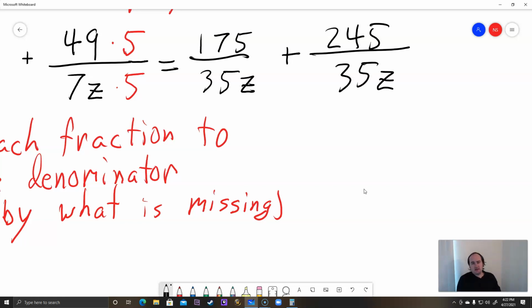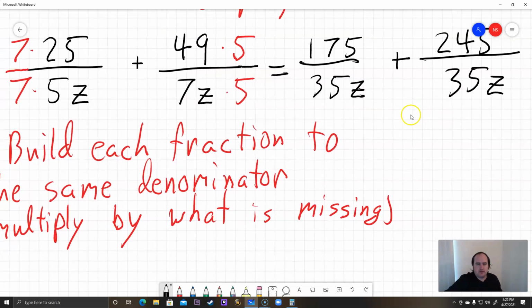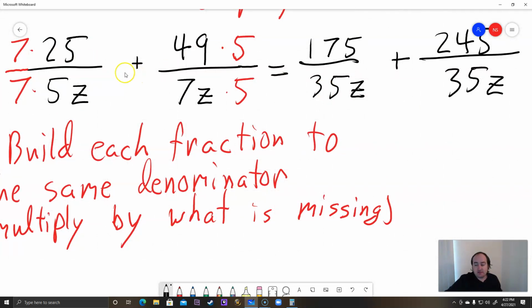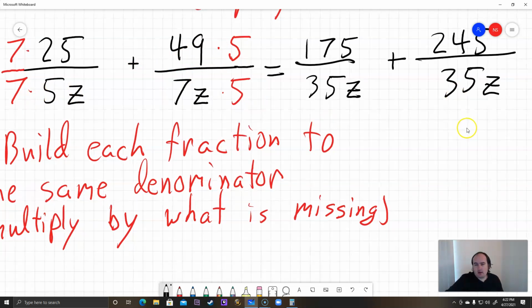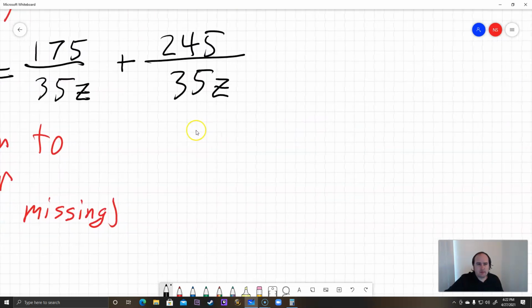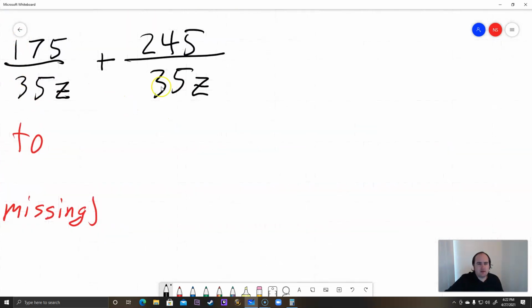What we did there is we took these two fractions that had different denominators, and we multiplied on the top and the bottom by what's missing in the denominator, and then they have the same denominator. Because they have the same denominator, we keep the denominator and we add on the top, because these are now like fractions.